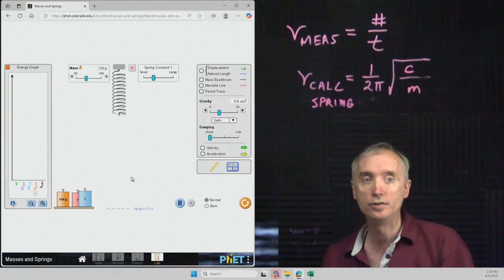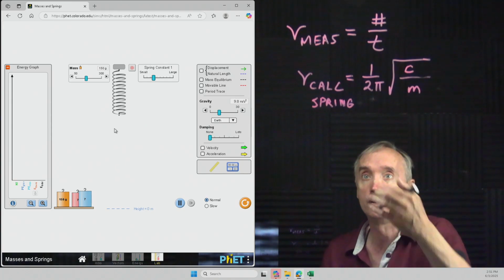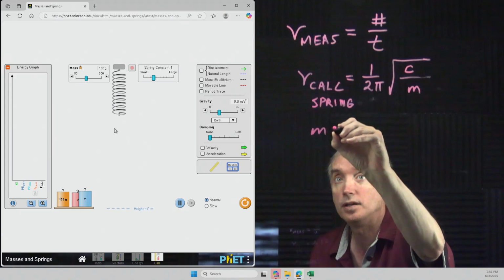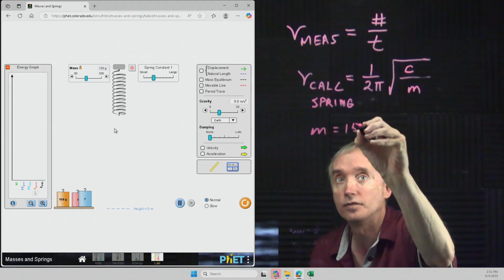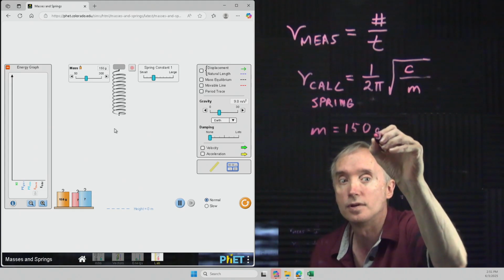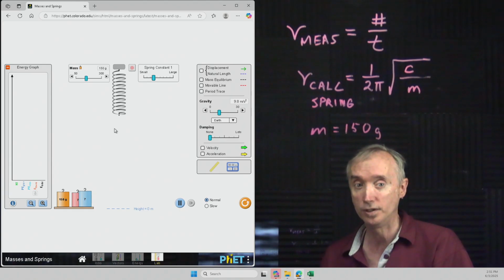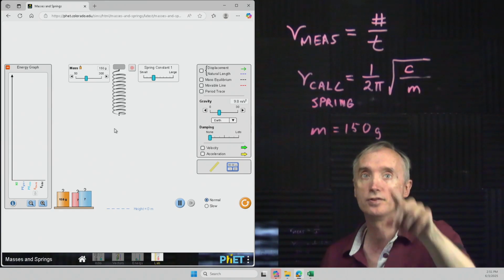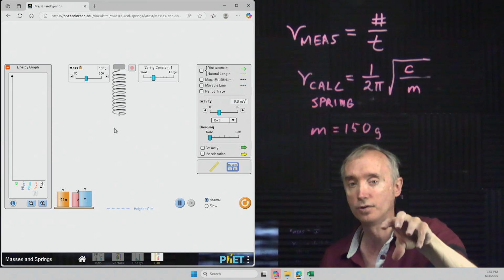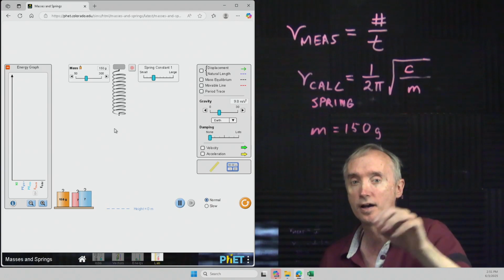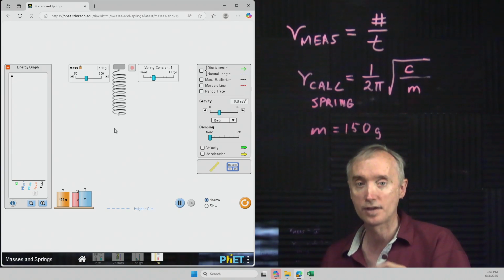Okay, now I'd like for you to change the mass to 150 grams. So our M is going to be equal to 150 grams, but the problem is that that is the wrong unit. We need to use kilograms. In order to change from grams to kilograms, we need to divide by 1,000, since there are 1,000 grams in 1 kilogram.